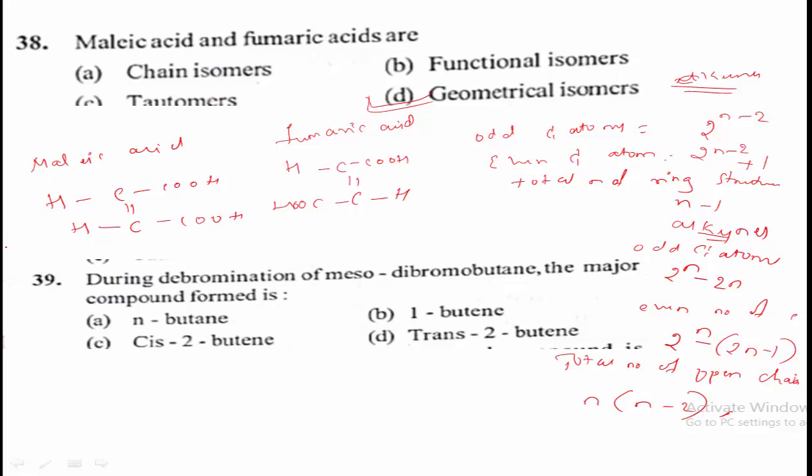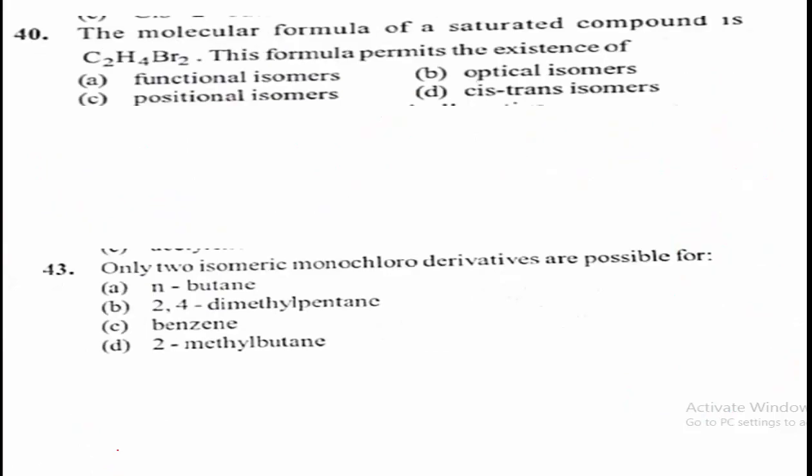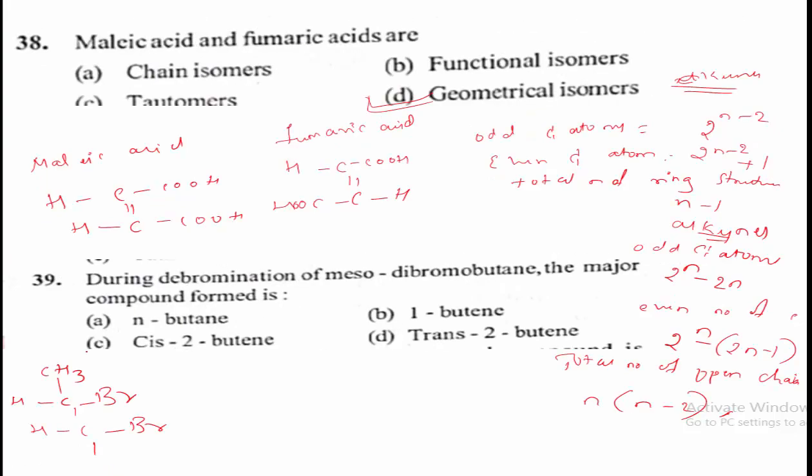Observe carefully the reaction. Here I write CH3 and this one is CHBr. Here a carbon atom with H, Br, and this one is CH3.